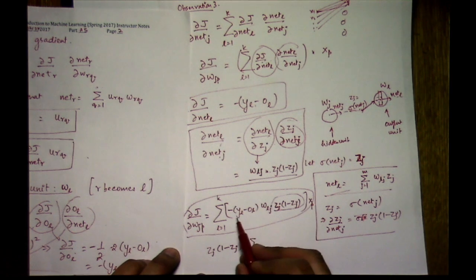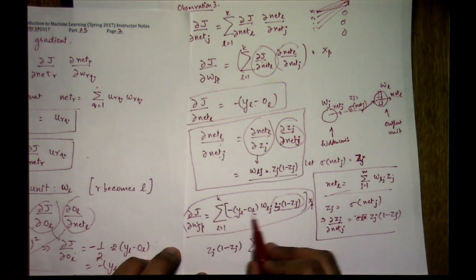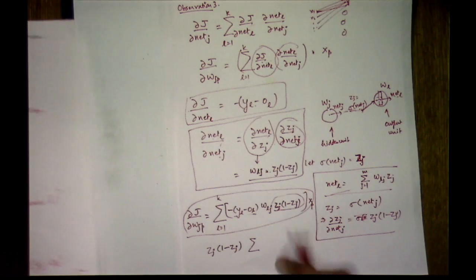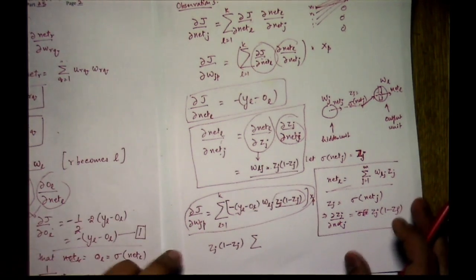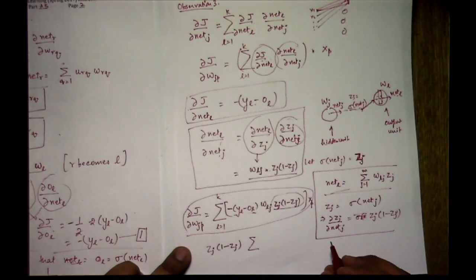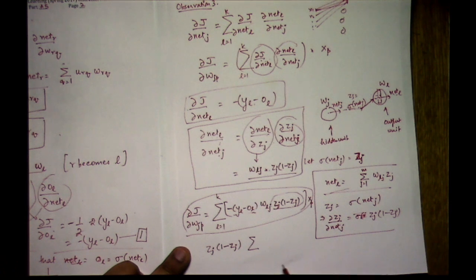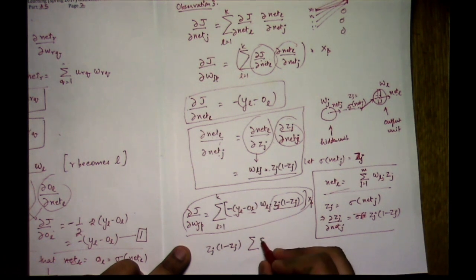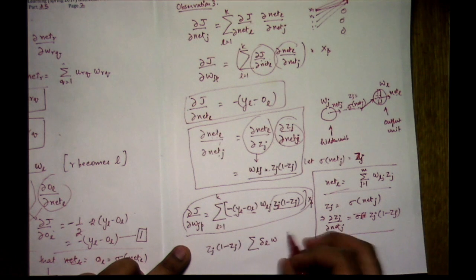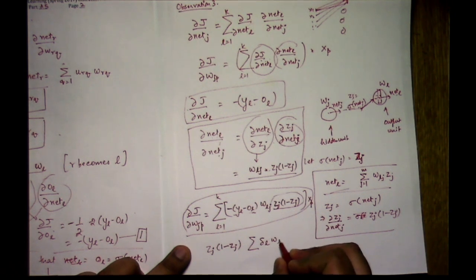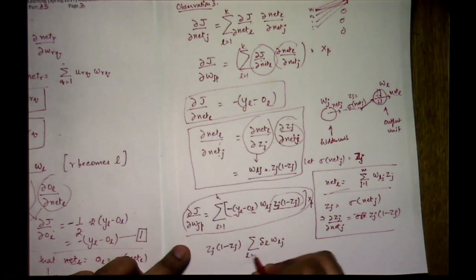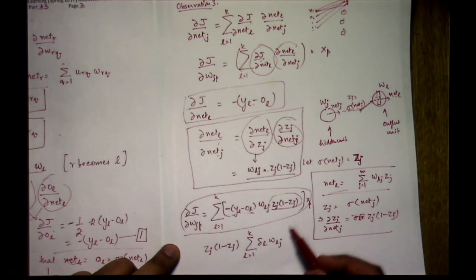This is actually the delta L that I talked about last time. We defined this as delta L. So you can write this whole thing as the summation of delta L W_Lj, L equal to 1 through K.